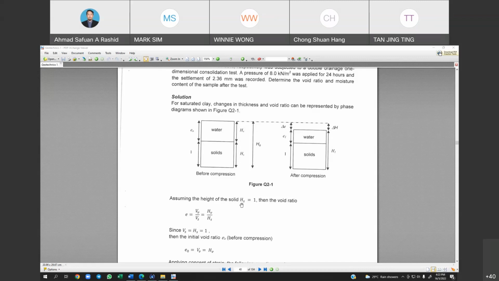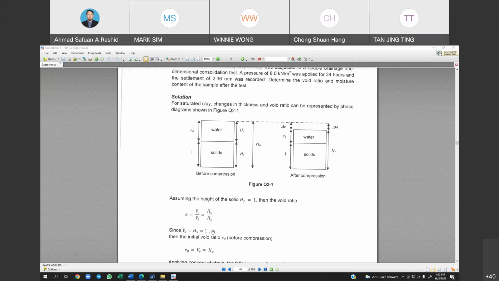Since HS is equal to 1, the void ratio is equal to HV over HS.